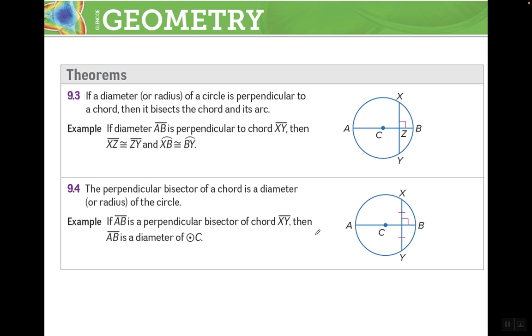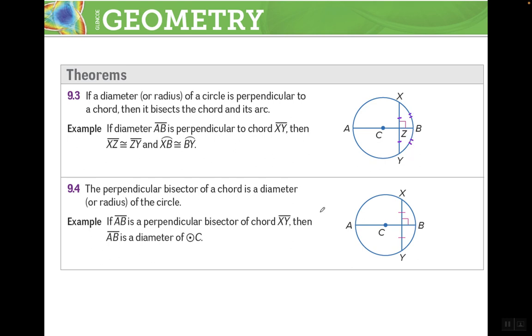Okay, these theorems are actually easy to forget how to work them. So if I'm going to put emphasis on anything, it's going to be theorems 9.3 and 9.4. So it says if a diameter or radius of a circle is perpendicular to a chord, then it bisects the chord and its arc. Okay, so if this is perpendicular, it means this length is equal to this length, and this length is equal to this length.